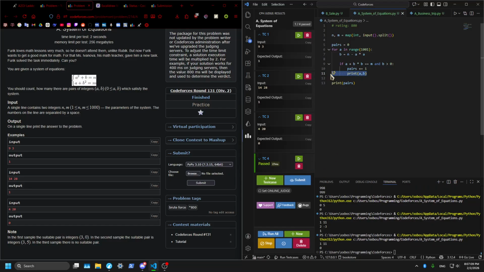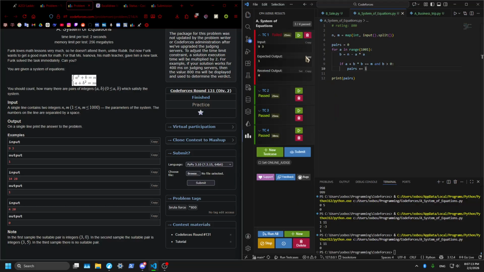Go. Failed. Why does this fail? Received output 0.